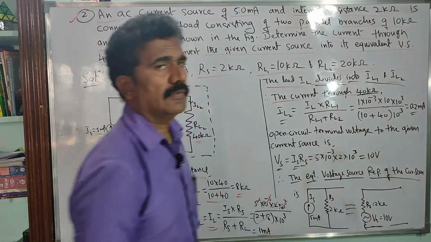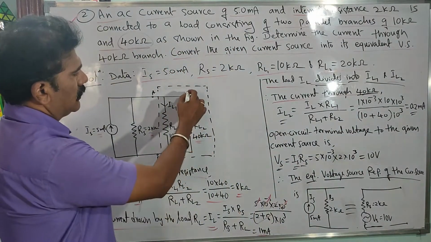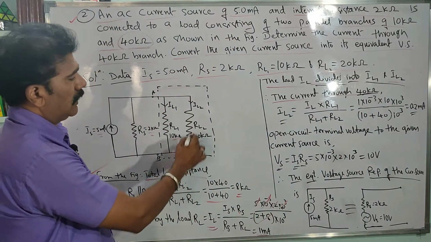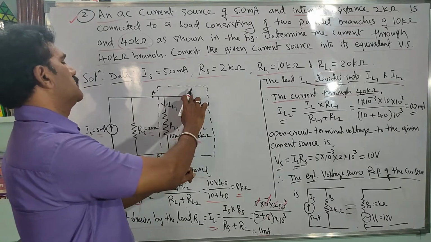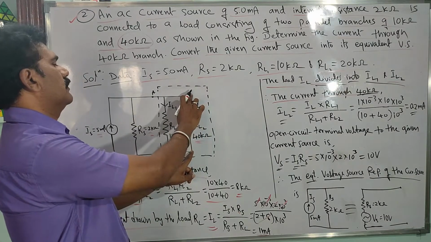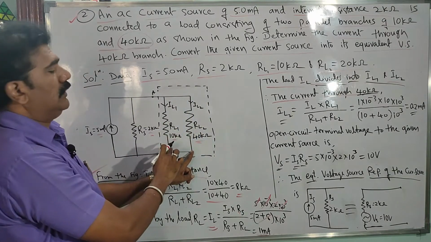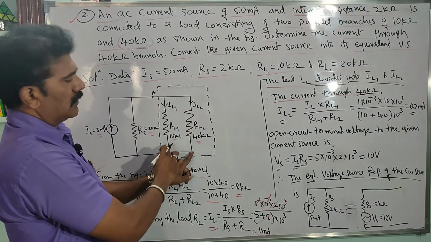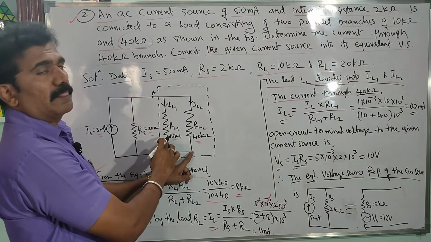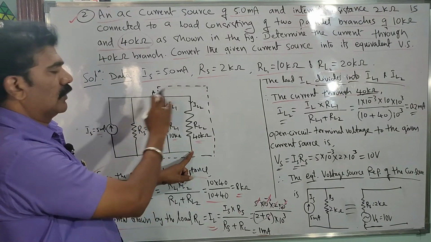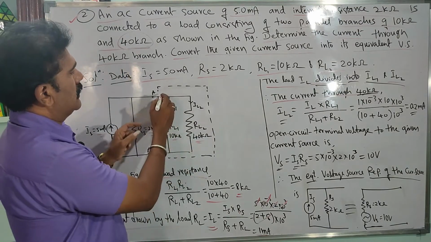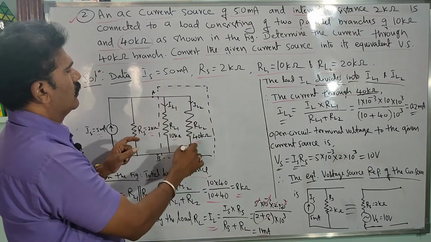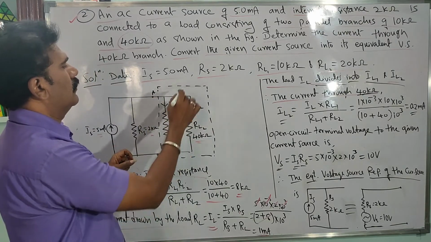When you calculate the current through a particular branch, the other resistor parallel to it, which is RL1, acts as a multiplier to the total load current, because the current is going to be divided into two branches, IL1 and IL2.